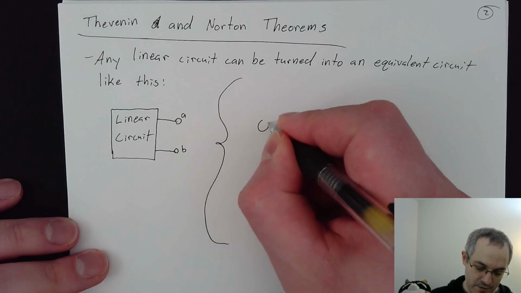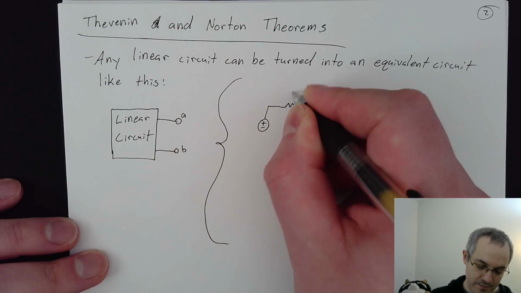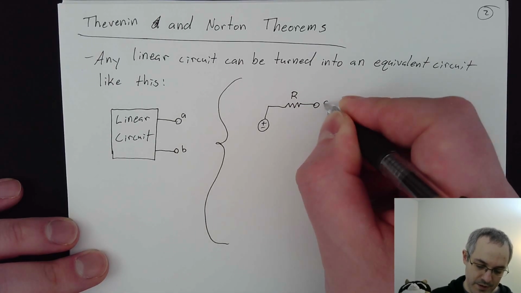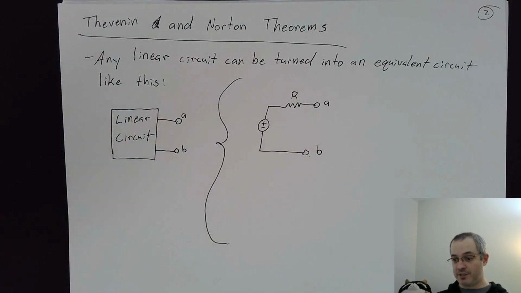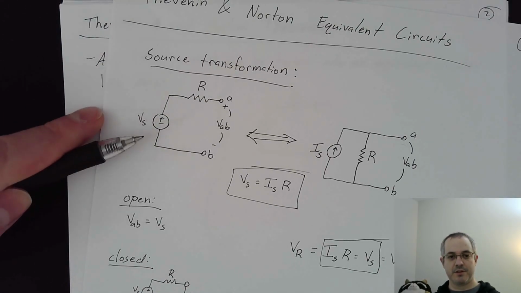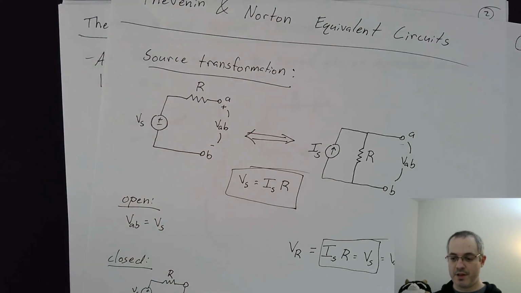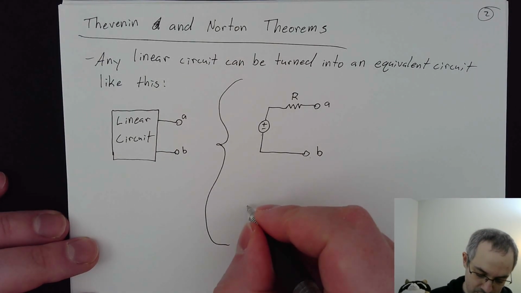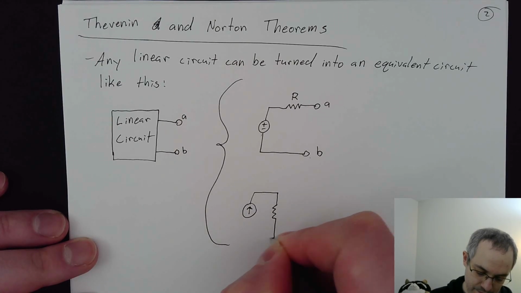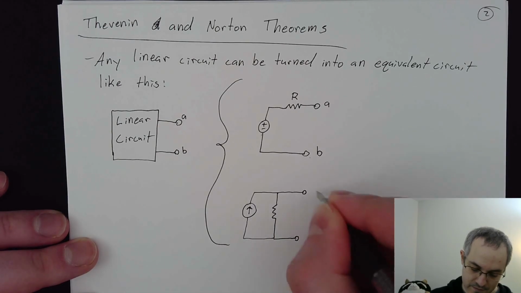We can go voltage source, resistor, as A, as B. And as we just saw, since we can turn a voltage source in series with the resistor into a current source in parallel with that same resistor, then if we can do this, we ought to be able to do this. And I suppose you can do whichever one your heart desires.